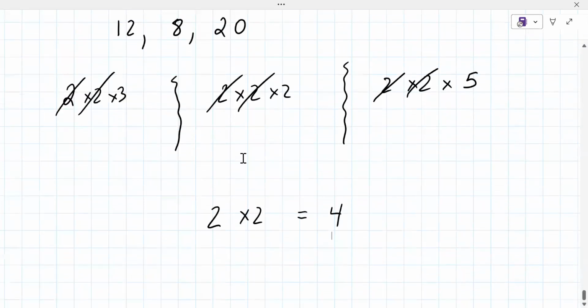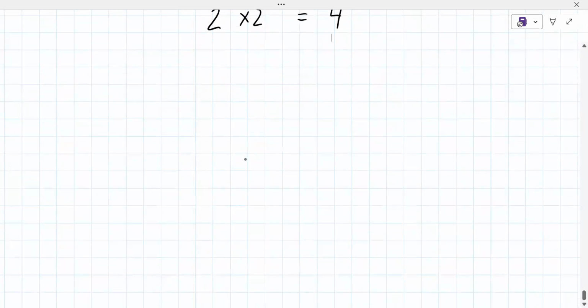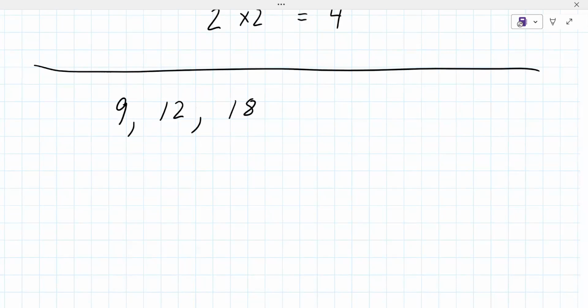So let's have you try one here. Let's have you try 9, 12, and 18. I want you to find the greatest common factor between those three, please.